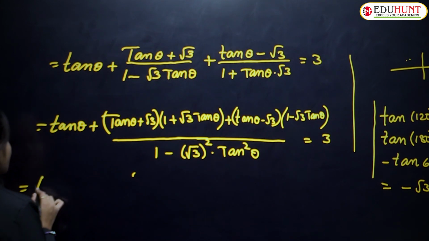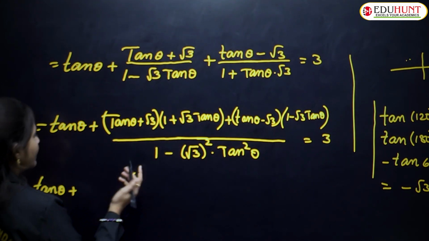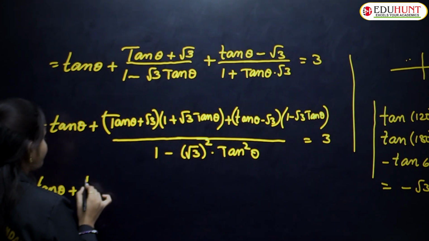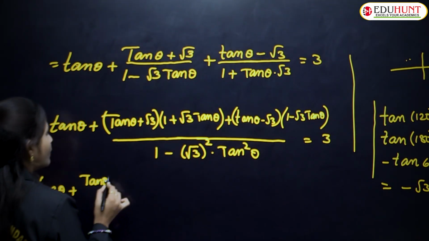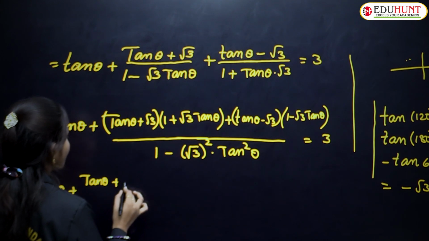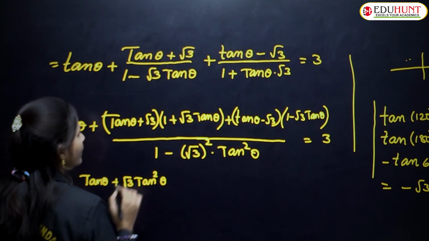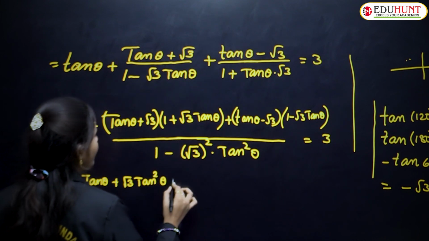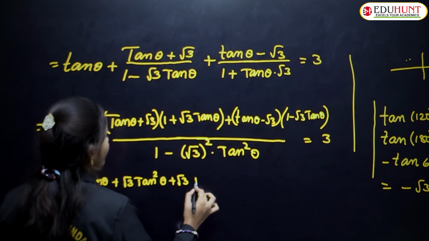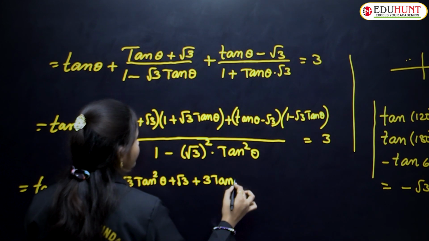So simplify this. Tan theta plus, here 1 into tan theta is tan theta. Next plus root 3 tan theta into tan theta, that is root 3 tan square theta. Next root 3 into 1 is plus root 3, plus root 3 into root 3 is 3 tan theta.